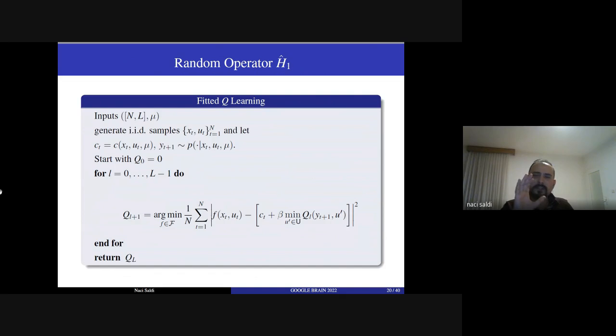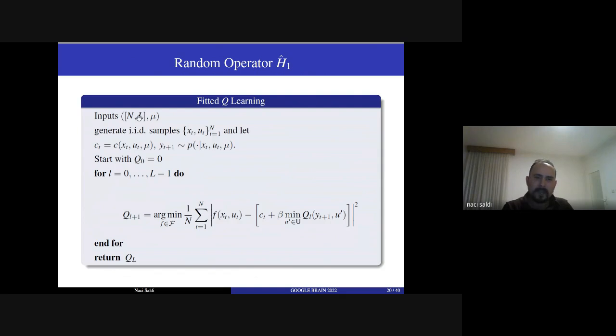In this talk, we are assuming that our state space is finite and our action space is an uncountable convex compact subset of a Euclidean space. Therefore, our action space is not finite, so we cannot apply the classical Q-learning algorithm here. But instead, we can apply the fitted Q-learning algorithm, and this is a description of it.